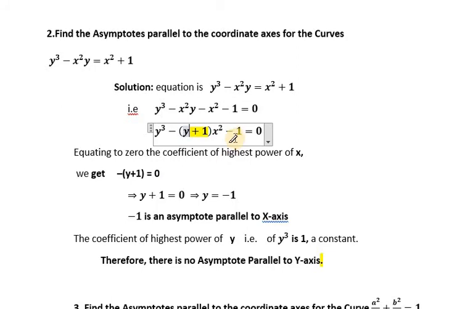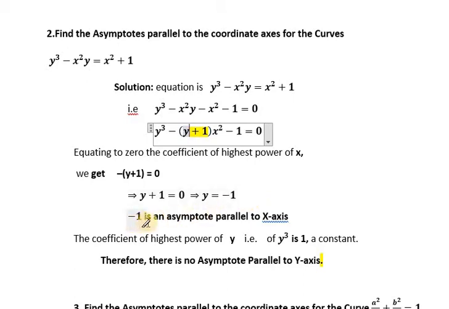So x square is the highest power of x present in this equation. Hence equate y plus 1 is equal to 0, that is negative sign, minus y plus 1 is equal to 0. Hence this implies that y plus 1 is equal to 0 and y is equal to minus 1.